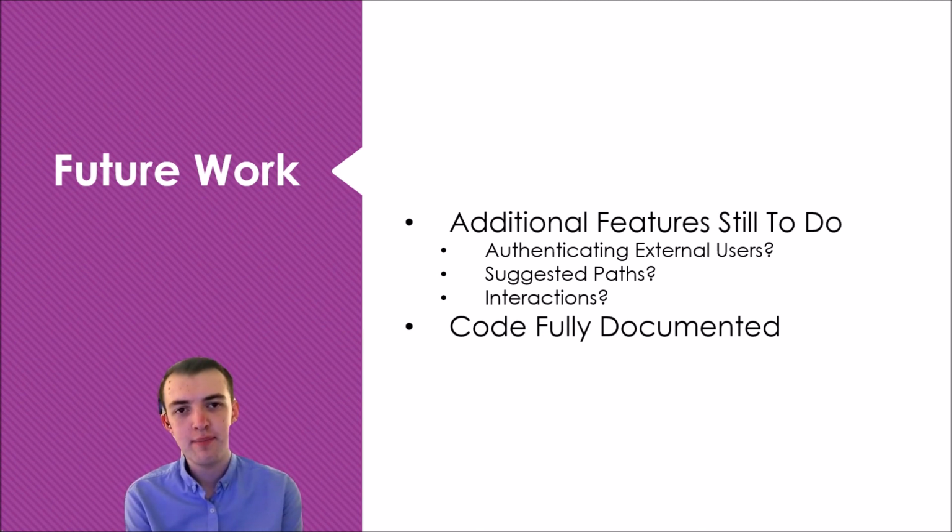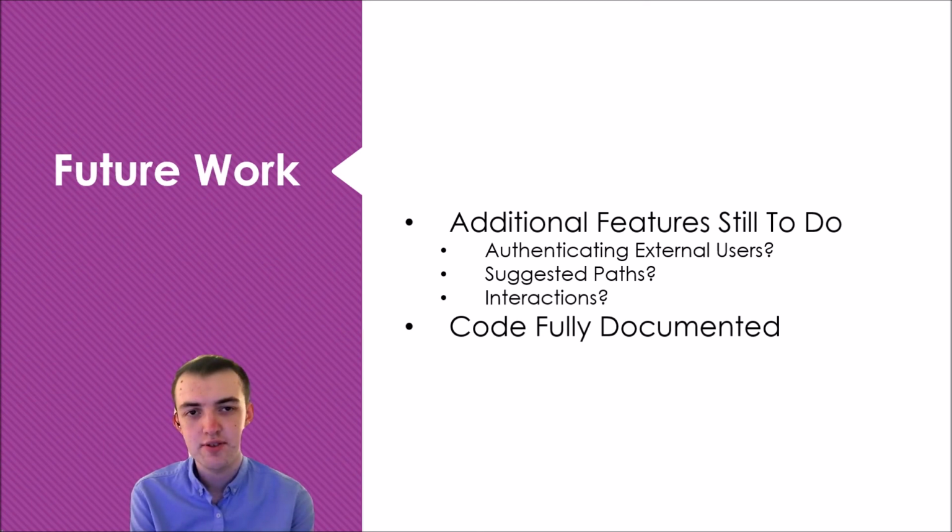Also, we would like to make it possible for people outside of the university to use this system. Although external users can be added to Yammer, there is currently no way for them to be added to the Cohere website itself. The Cohere website is secured using the University of Manchester Central Authentication Service, which restricts it to only those with a university username and password.